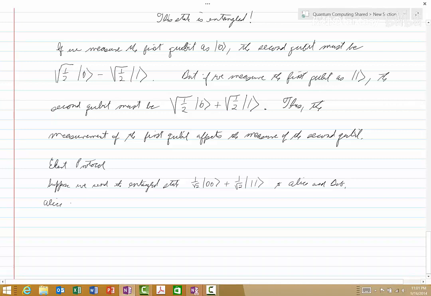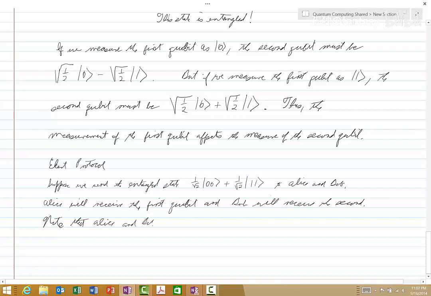Alice will receive the first qubit and Bob will receive the second. And here we just want to note that Alice and Bob may be separated by a large distance.